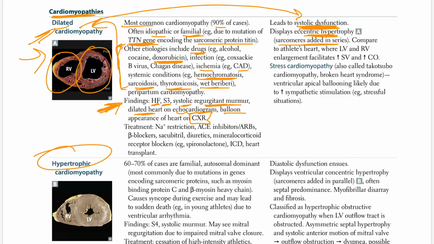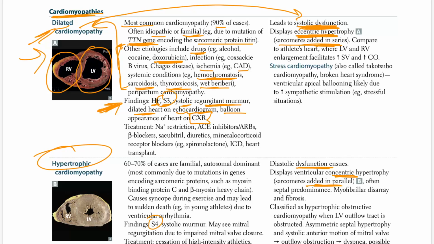Here you have systolic dysfunction; in hypertrophy, you're going to have diastolic dysfunction. In dilated you have eccentric, whereas in hypertrophic you will have concentric. Sarcomere added in parallel versus added in series. So you see the difference. S3, S4.